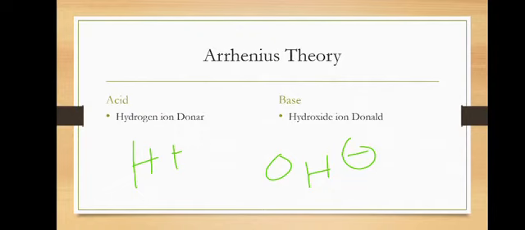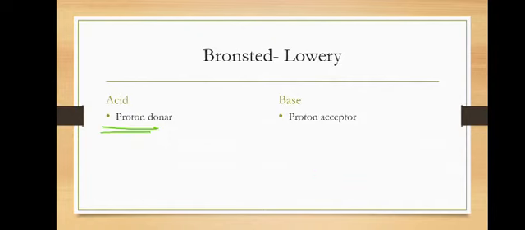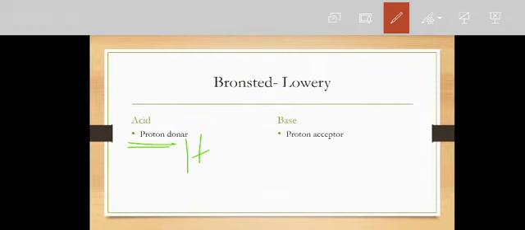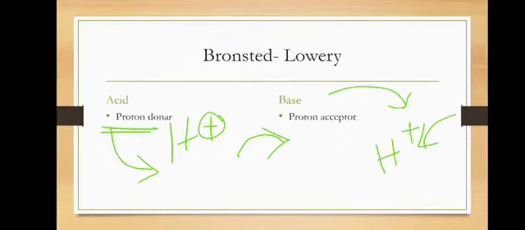If they donate OH minus ion, it is base. Bronsted-Lowry theory is related to proton only: proton donor is acid, proton acceptor is base. Proton means H plus, so H plus donor is acid and H plus acceptor is base.